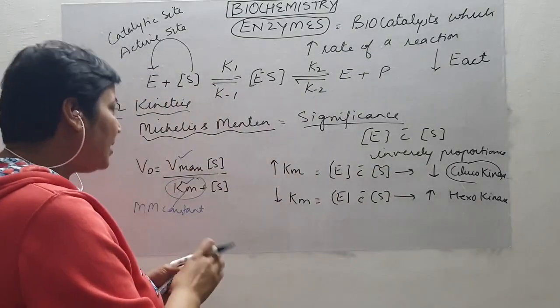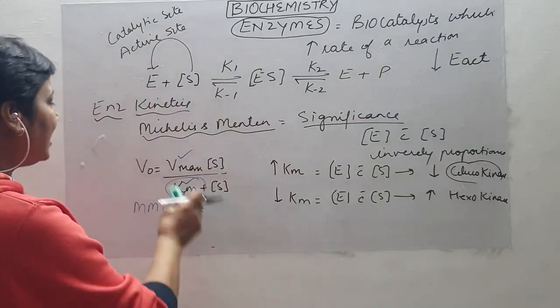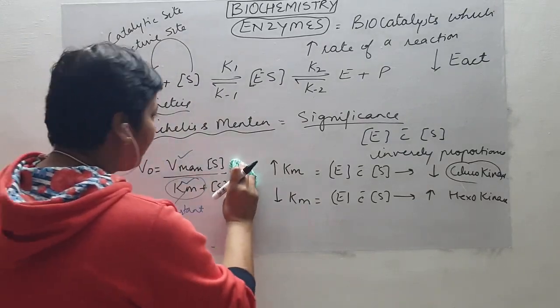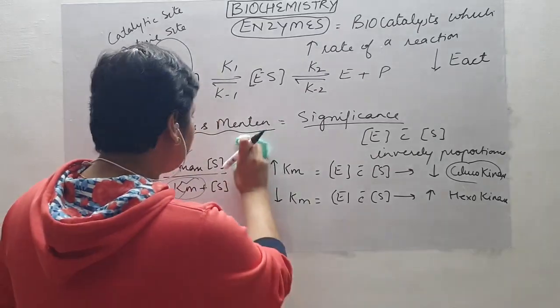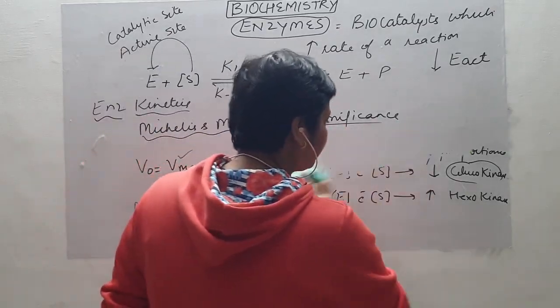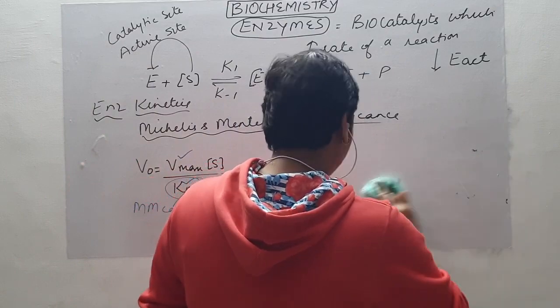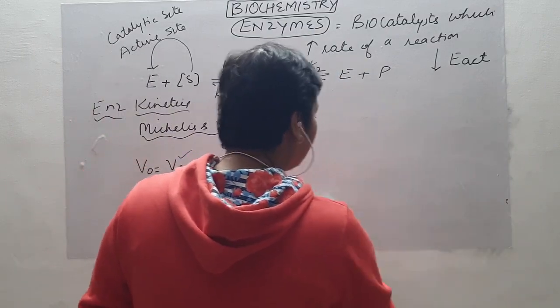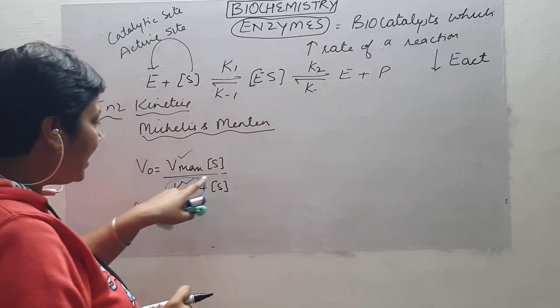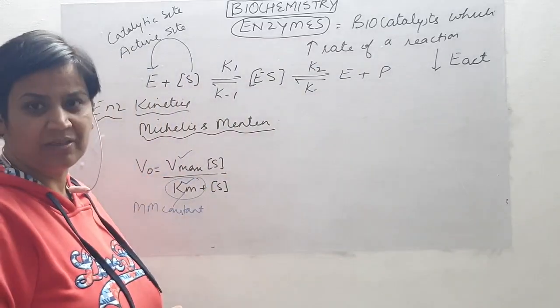Then another important aspect of this Michaelis-Menten constant is the Lineweaver-Burk plot. Suppose we have to calculate the slope and the intercept. What we do is we reciprocate this equation.